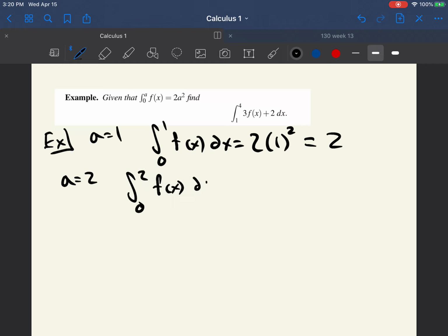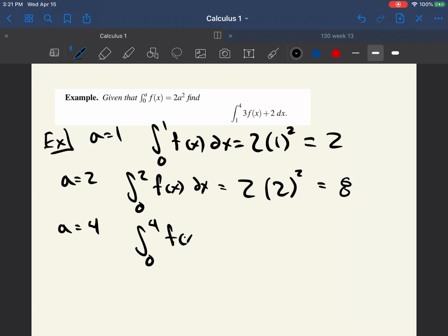Then you're integrating from 0 to 2, the function f of x, and here you're plugging in 2 for a now, so you're getting 2 squared, and then times 2 gives you 8. And one last example here, a equals 4, the integral from 0 to 4 of f of x dx is 2 times 4 squared, so 4 squared gives me 16, times 2 gives me 32.